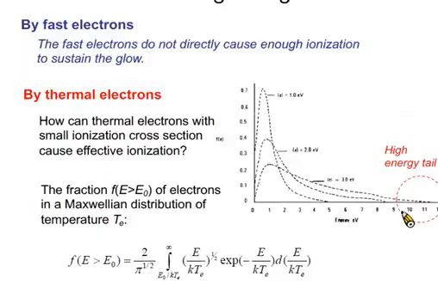So if there is a small ratio of the high energy tail, these electrons might have enough density to undergo the ionization process. So the most important part in the negative glow region is the thermal electrons, and since the distribution curve follows the Maxwell-Boltzmann distribution, one can calculate the ratio of the high energy tail.